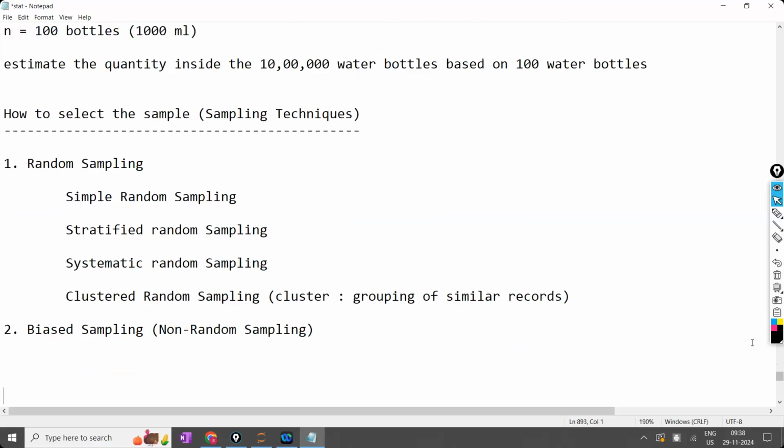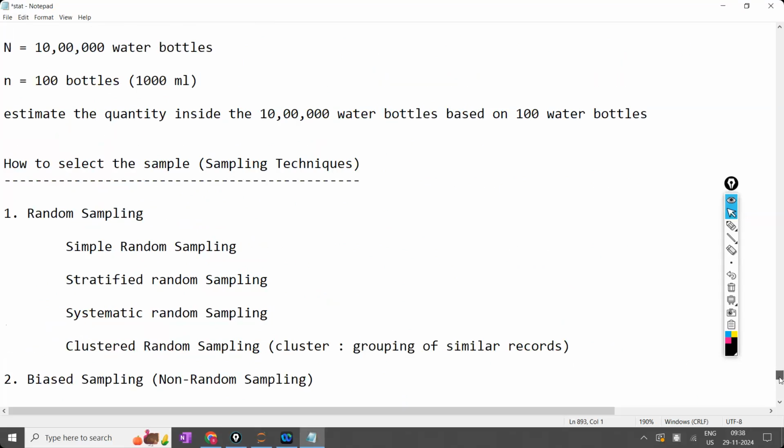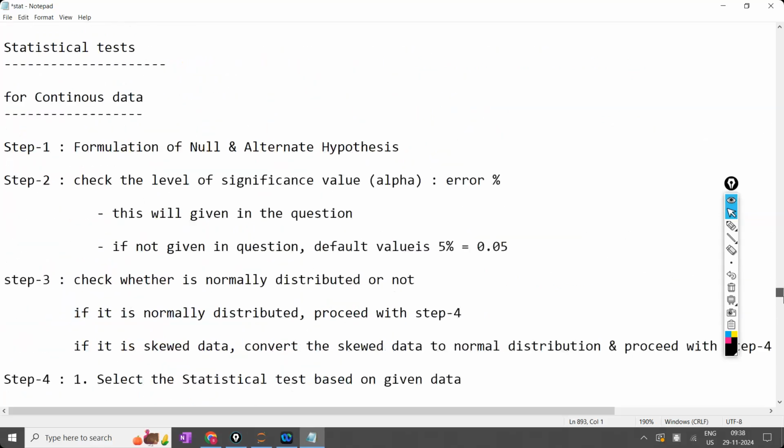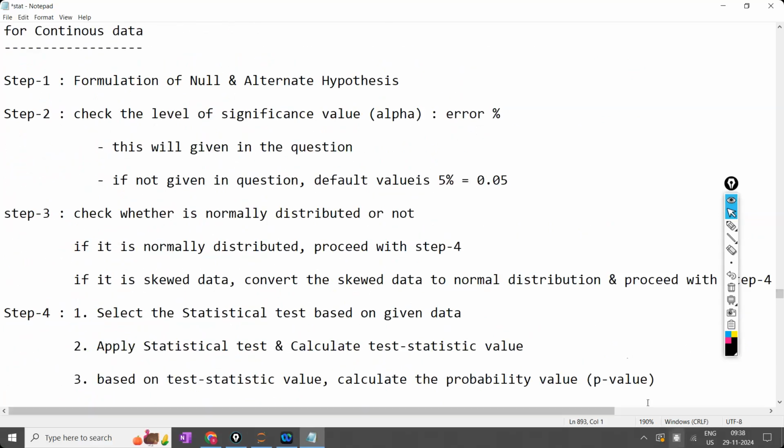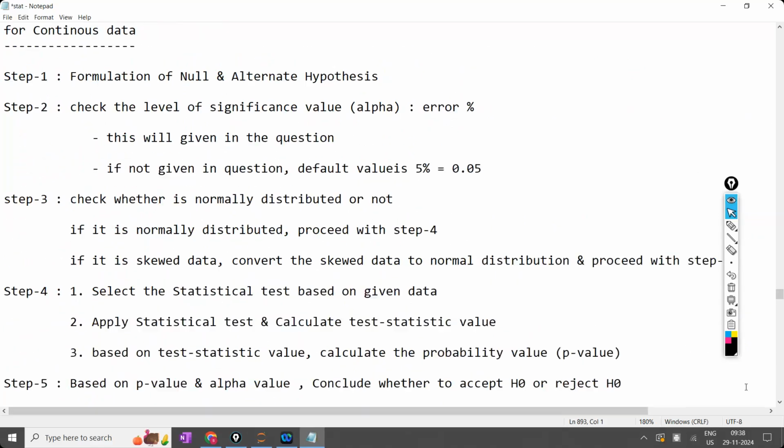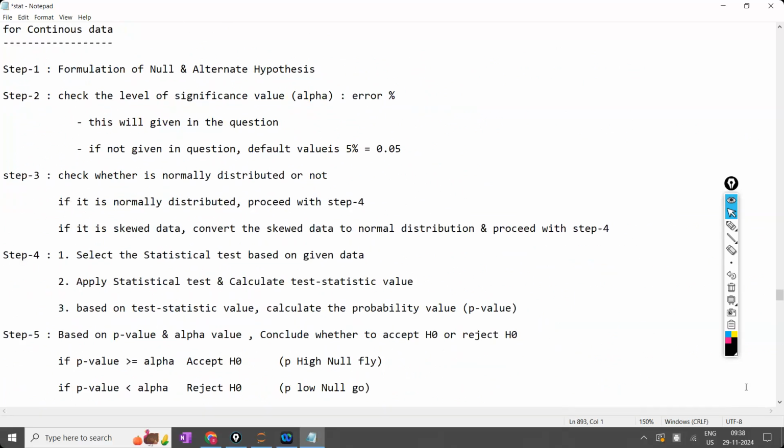Okay. Now, what are continuous variables? For continuous variables, what are the different statistical tests we have, and at the same time, what is the step-by-step procedure? This is the step-by-step procedure for continuous data. You have to take a note of this, and I will explain one by one.